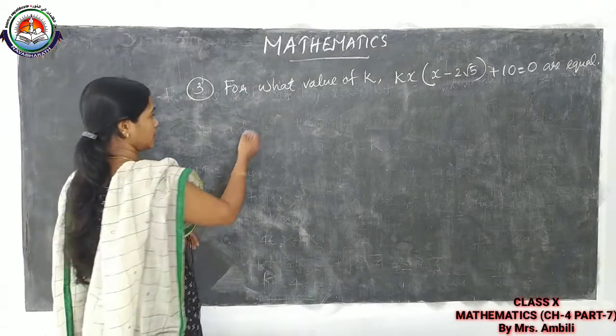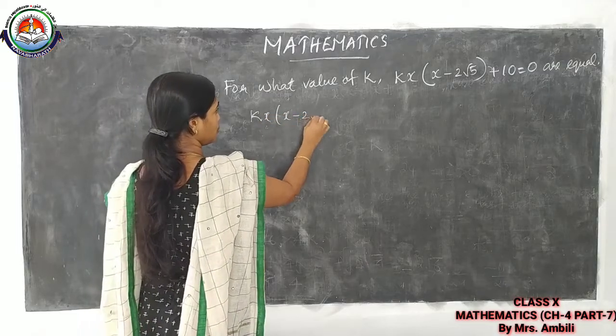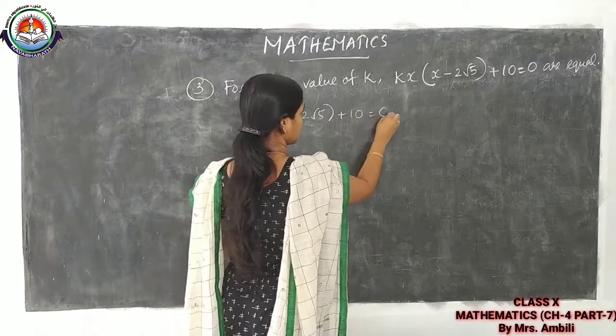So what is our given equation? kx into x minus 2 root 5, plus 10 equal to 0.